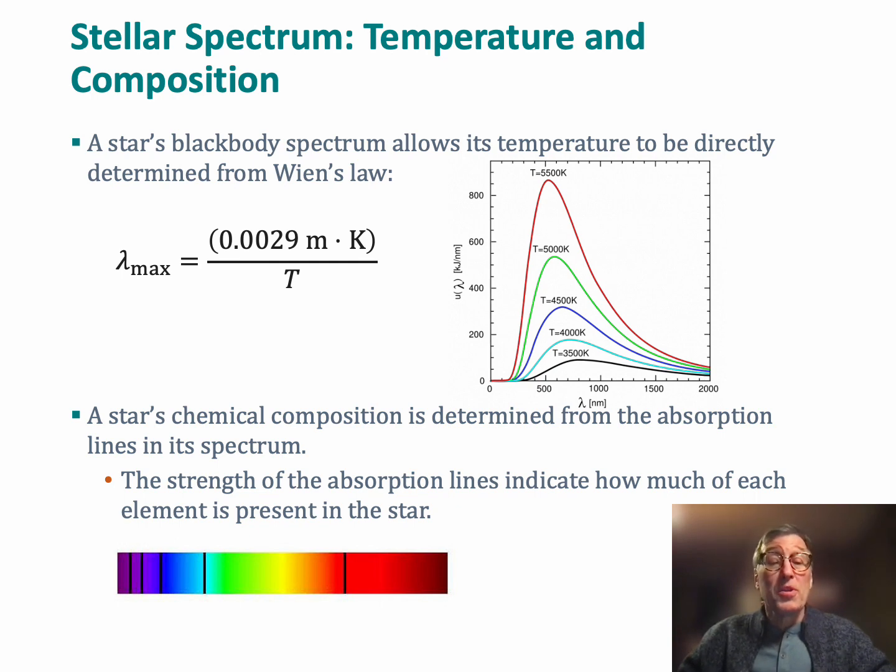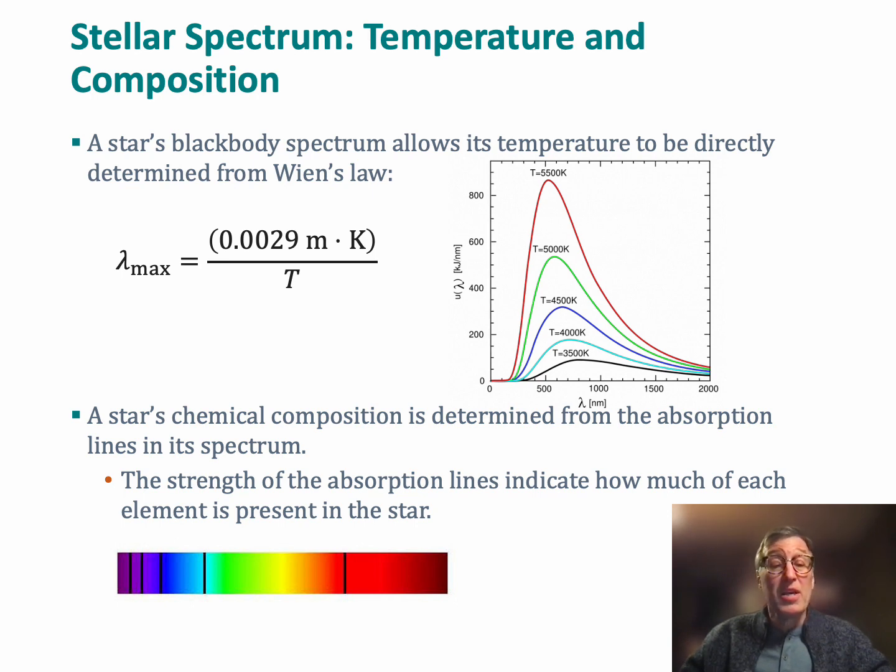If we want to determine the chemical composition, what elements are present in the star, then we can use the absorption spectrum. And I've shown a little absorption spectrum here to remind you what that is. So we have a rainbow from the star, a continuous spectrum with some missing lines. And those missing lines are a fingerprint for the element that is absorbing that light.